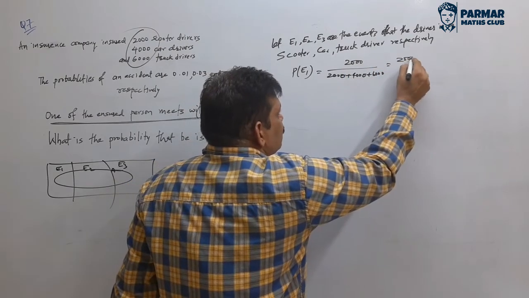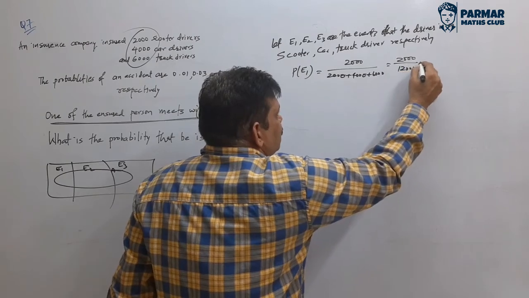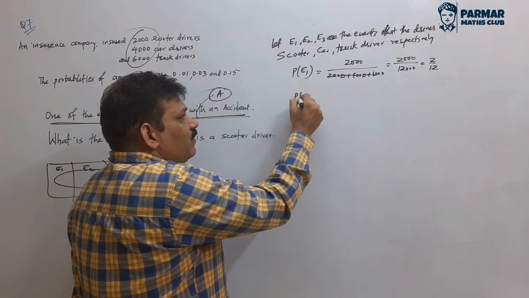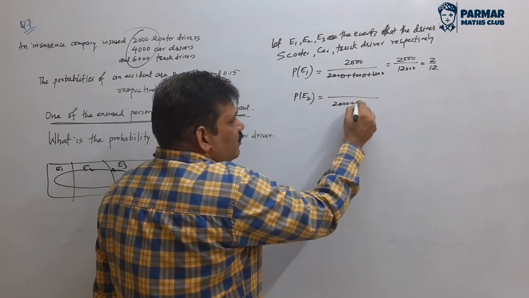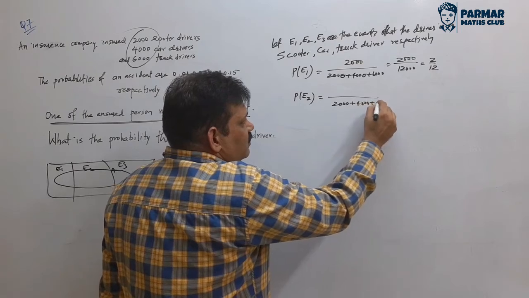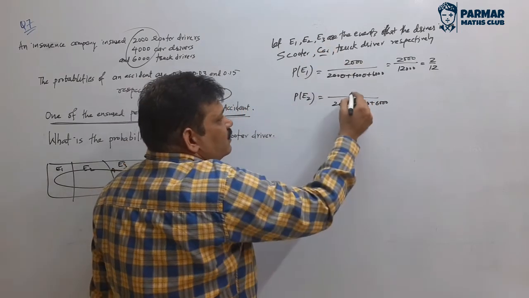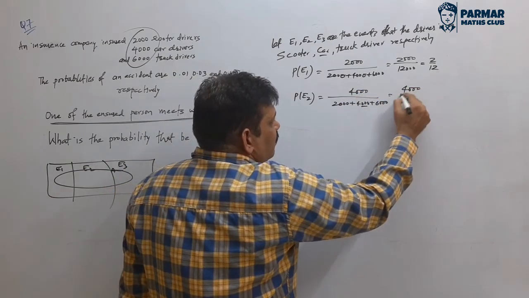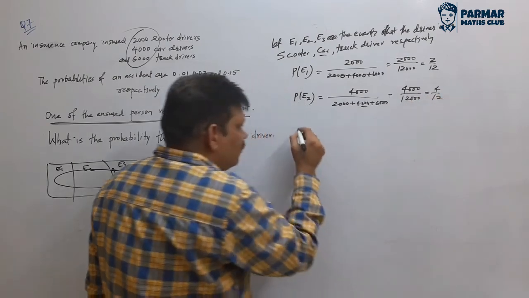So this is 2,000 upon 12,000, that is 2 by 12. Well, probability of E2. The total drivers are 2,000 plus 4,000 plus 6,000. Out of this car drivers are 4,000. So this will give us 4,000 upon 12,000, that is simply 4 by 12.